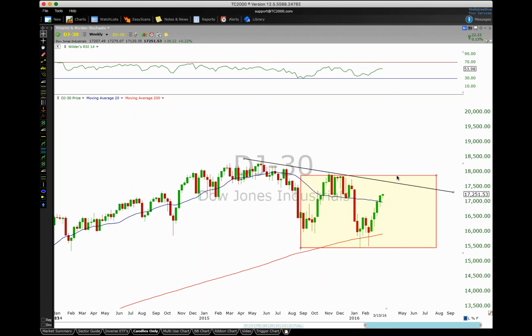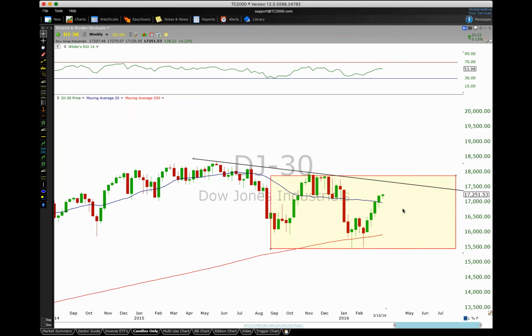And everybody that trades with me knows that I'm a huge box fan because I always get the top of my box or the bottom of my box, and those options rock no matter what. So even if this trend line does break, we are going to get the spike up to the top of this box typically. So we can push a little bit higher.